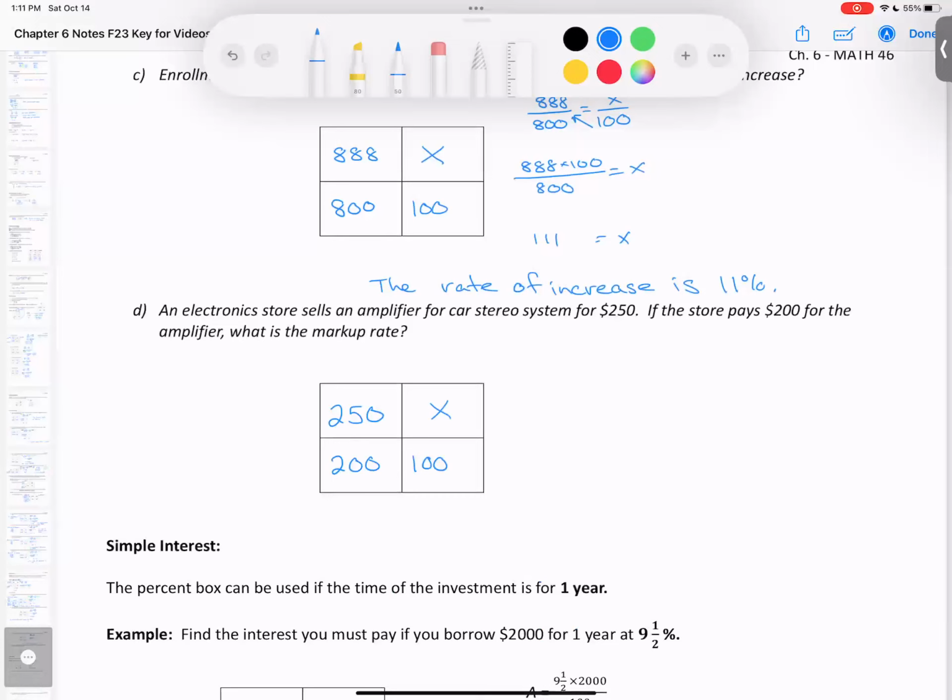So we're going to get a number greater than 100 because my amount is higher than my base. Let's set up our fractions. Then I'm going to move this 100 up and across the equal sign. In other words, I'm multiplying both sides of this equation by 100.